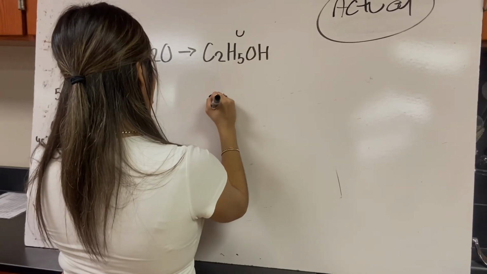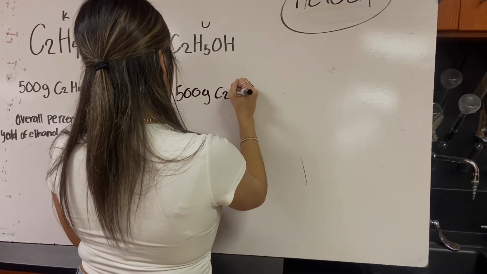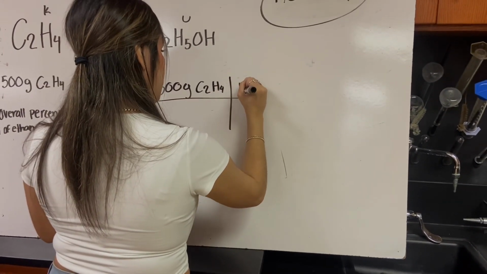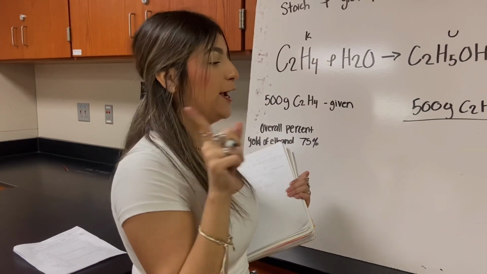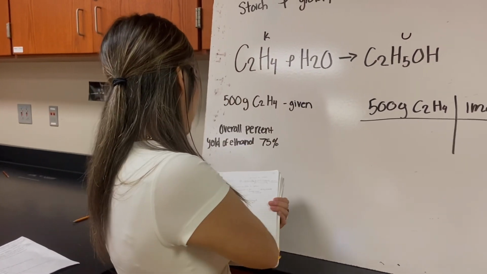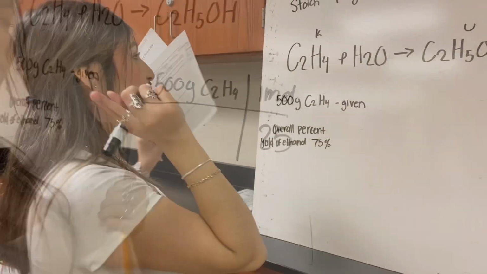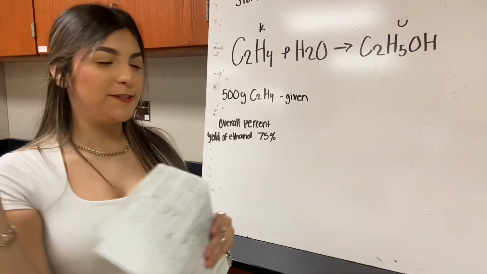So we have to do 500 grams of C2H4. And to get to moles, you always have to divide by your molar mass. After determining your known and unknown, we have to convert your grams into moles.